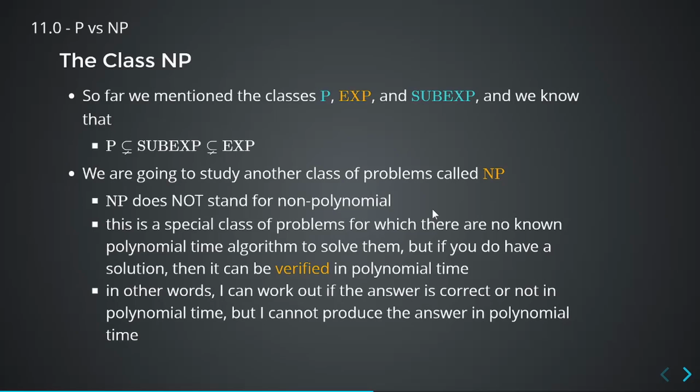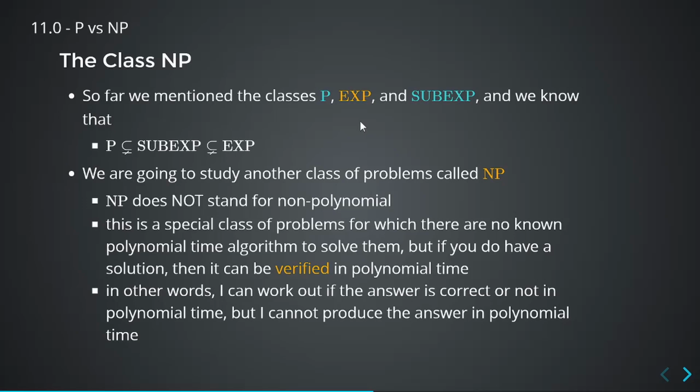And we know that P is a subset of SUB-EXP, and they're not the same set. So there are problems that you can solve in sub-exponential time which you can't solve in polynomial time. And same with EXP here, there are problems that you can only solve in exponential time. So EXP is a bigger set than SUB-EXP, and it's a bigger set than P.